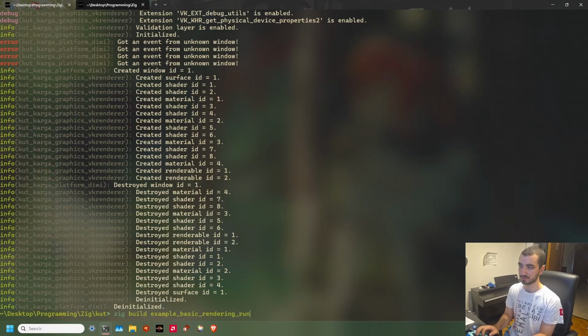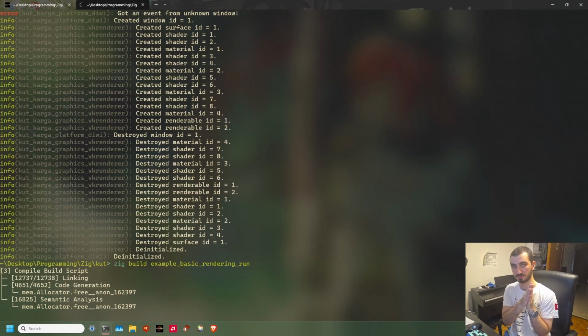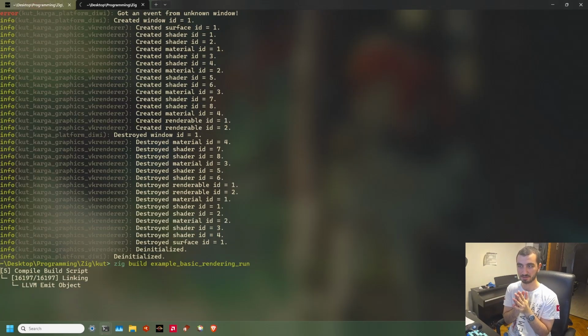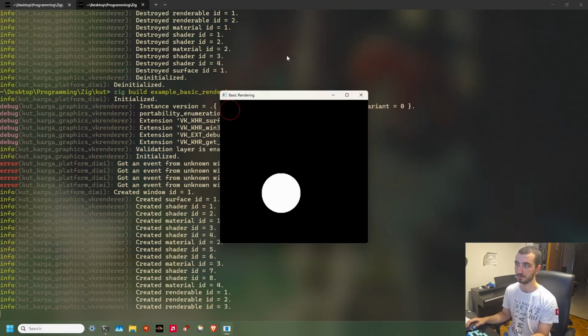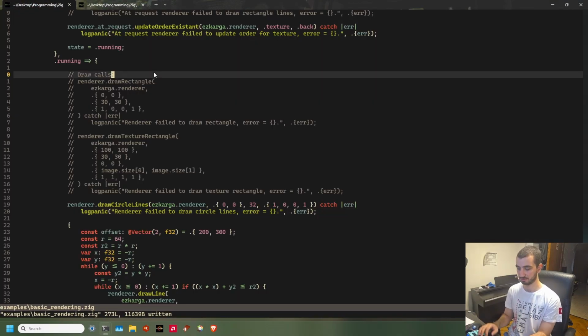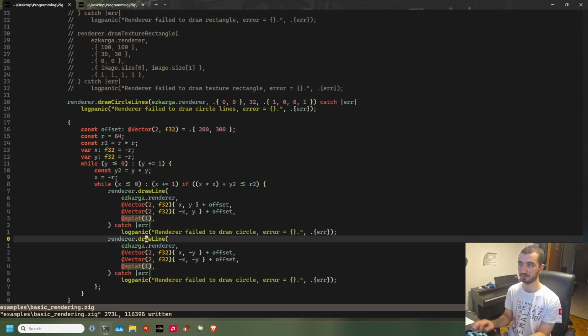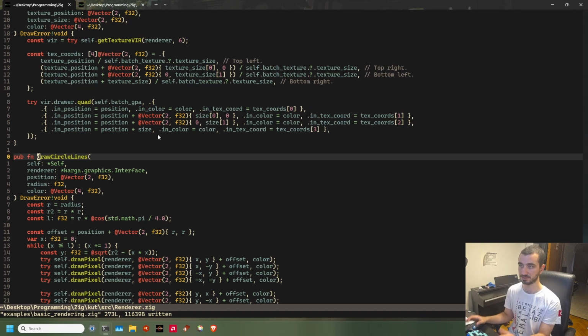There we go. So this is going to draw a circle line at 0, 0 when the origin is going to be the top left of the circle. So it's going to be visible entirely. If you didn't do that, the origin of the circle is going to be the middle, so we're not going to be able to see it.